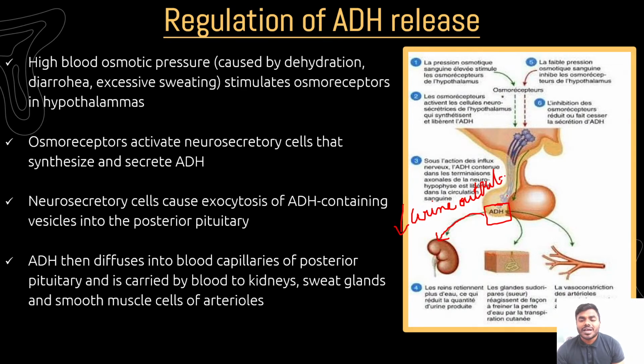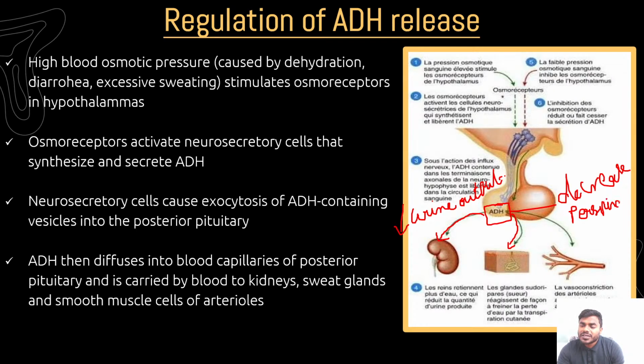Everyone follow me very correctly, friends. If there is a decrease in the urine output, what will happen? A lot of solutes never go out of the body, then the blood pressure becomes normal. At the same time, it acts on the skin and decreases perspiration.